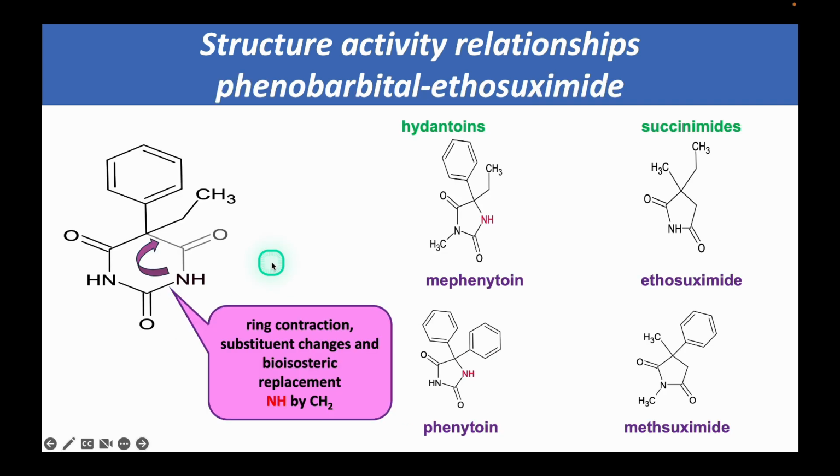We can see ethosuximide as coming from structural modifications of phenobarbital. First, the contraction of the 6-membered ring to a 5-membered ring generates the antiepileptic class of hydantoins, where phenytoin stands out. And by replacing one of the nitrogens with a carbon, we obtain the succinimides, where ethosuximide stands out.